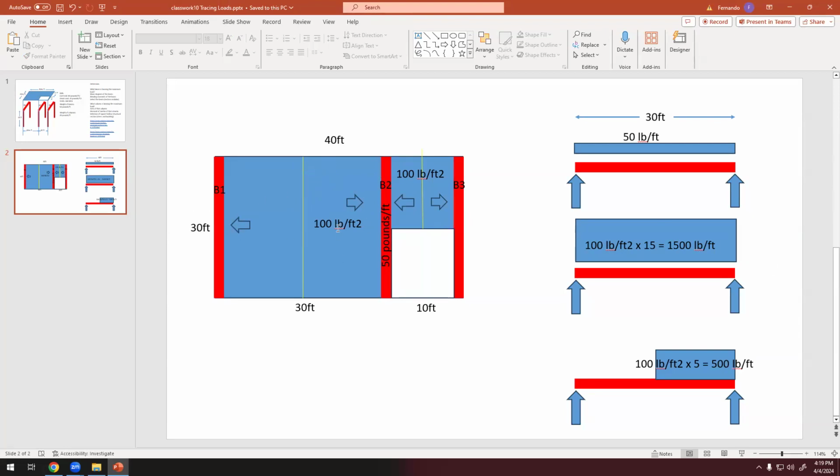And the uniformly distributed load is 100 times 15, because it's half this dimension. And this uniformly distributed load only affects the right half of that beam, and it's 100 times 5. Total 500 pounds per foot.